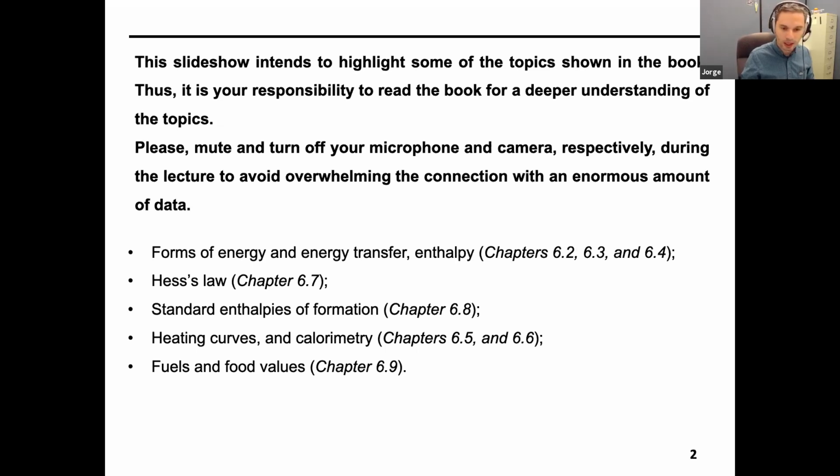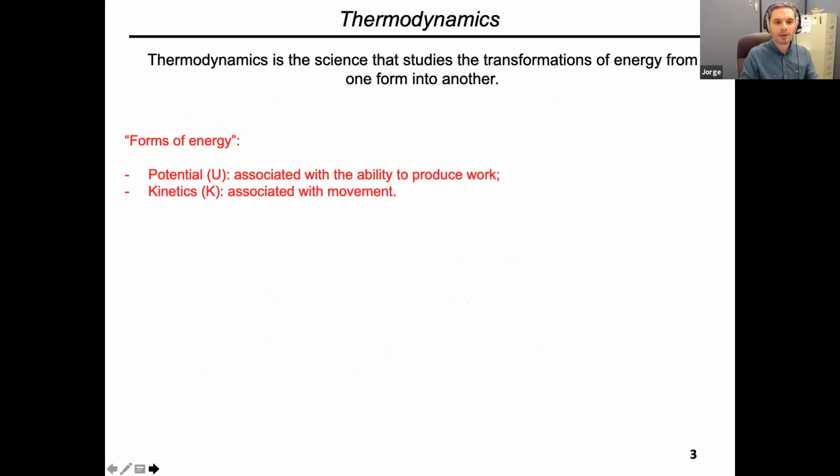Okay, and the chapters are all named here. And if you need to go back to the book, you know where to go. Okay, so let's start defining what thermodynamics is.